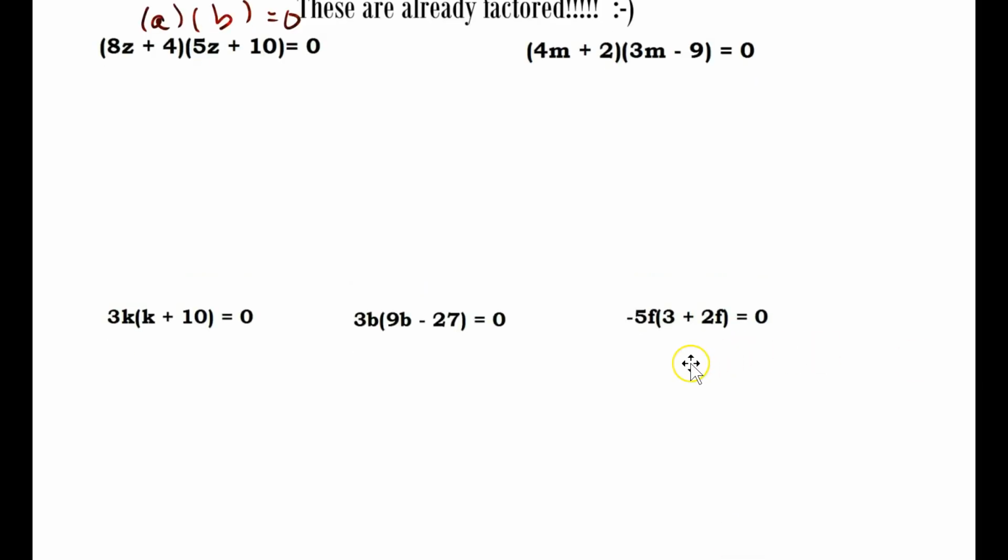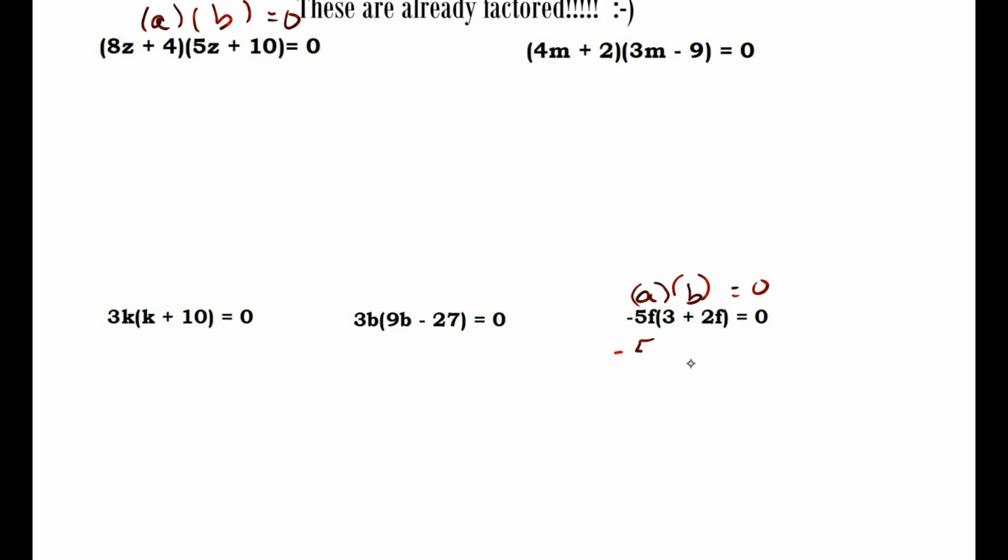All right, so I'll do this one right here. This is going to be my A, and all of this right here is going to be my B. So if A times B is equal to 0, then one of these has to be 0. So we have to find the roots that make this equation 0.